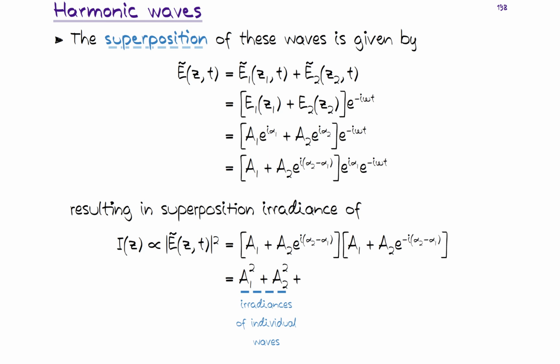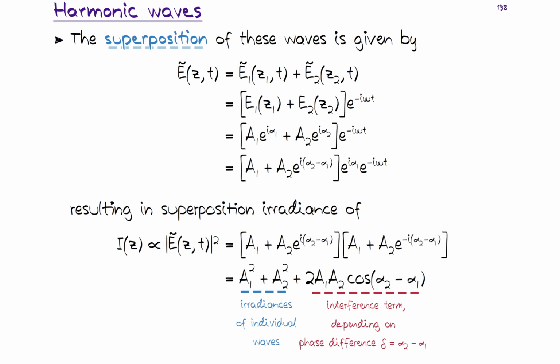So these we would have whenever we would have just individual waves. If we would, for example, have just wave 1, I would have irradiance proportional to this term, and if I would only have wave 2, I would have an irradiance distribution proportional to this one. And then when I'm superimposing these two different fields, I also have this interference term. So I have 2 times A1 times A2 times cosine of alpha 2 minus alpha 1. And this is the interference term.